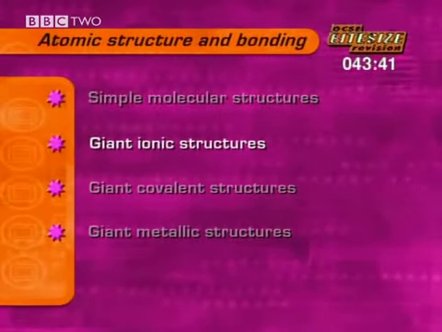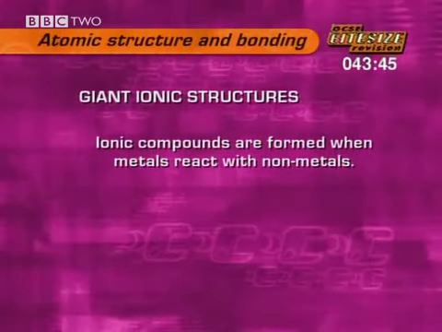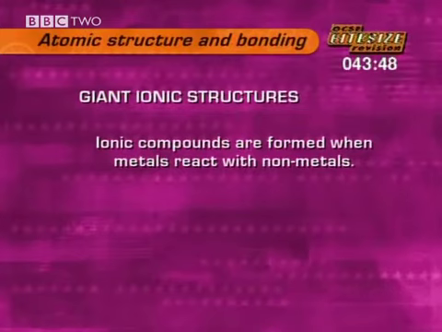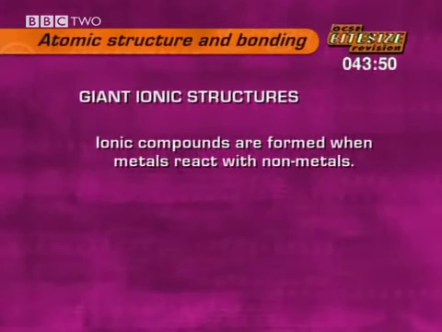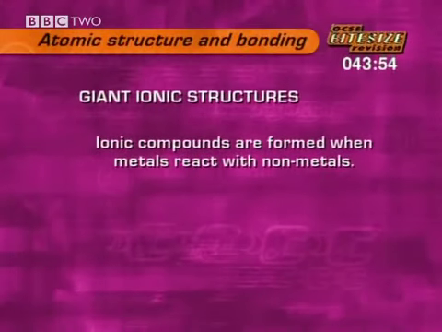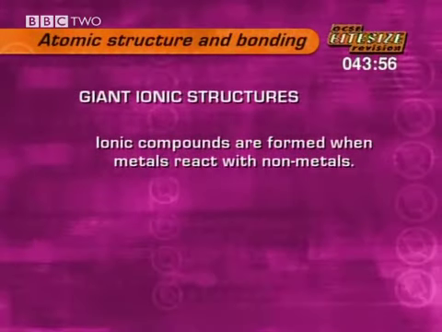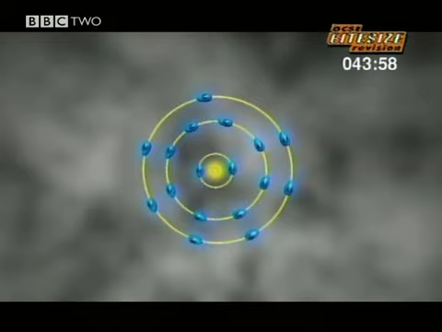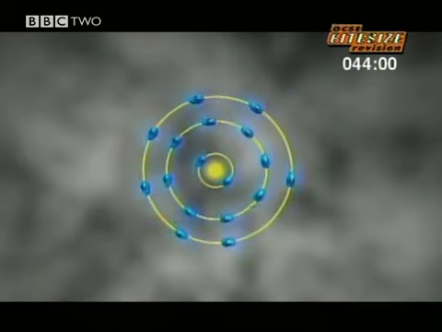Next, giant ionic structures. Ionic compounds are formed when metals react with non-metals. An example of this is when sodium reacts with chlorine to produce sodium chloride. This is a chlorine atom squashed flat.